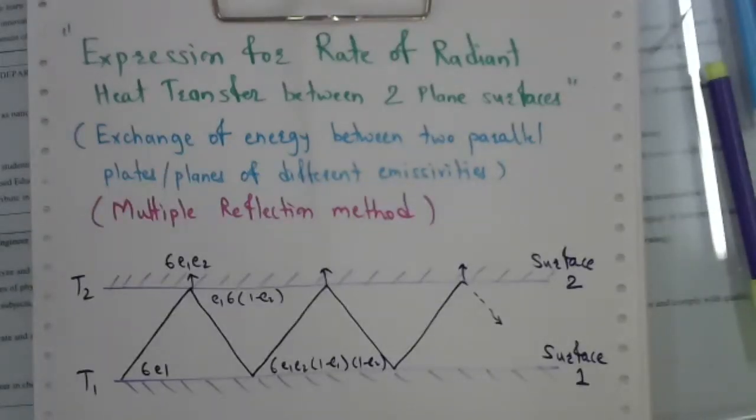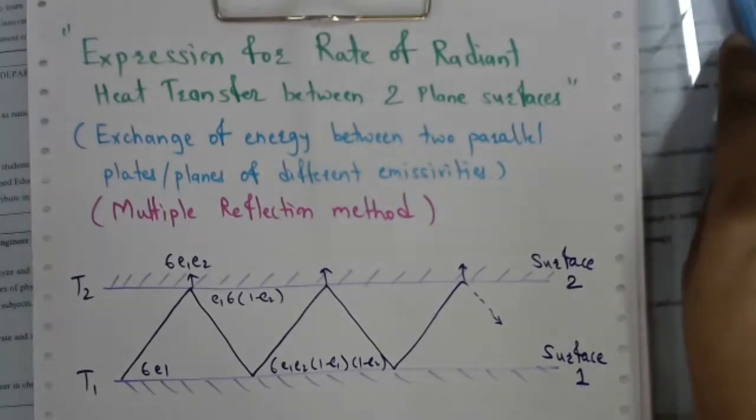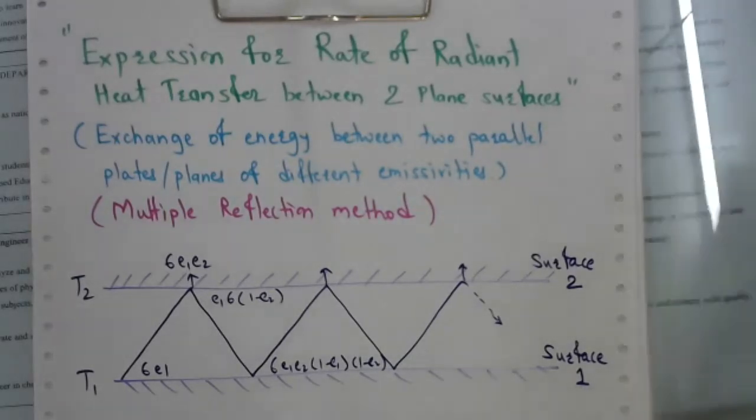In this lecture, we are going to derive the expression for the rate of radiant heat transfer between two plane surfaces. It is also called the exchange of energy between two parallel plates or planes of different emissivities.